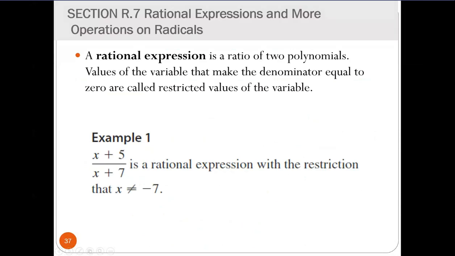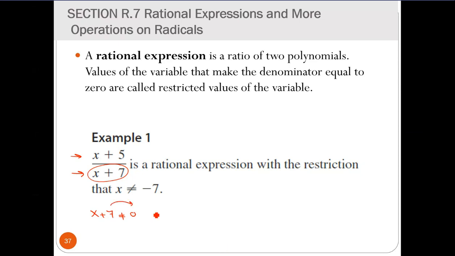Rational expression means we have a polynomial divided by another polynomial. So rational expression أو العبارة النسبية يكون عندي polynomial over polynomial. أهم شيء الدوميناتورز not equal 0. So if we have for example x plus 7, this must be not equal 0.